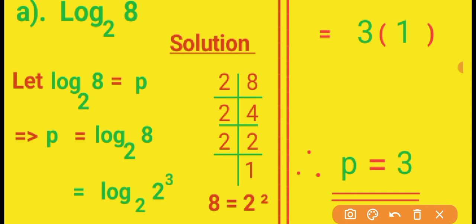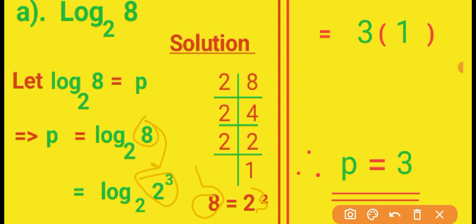So the first one we divide by 2, next one by 2, next one by 2, then we get 1. So which means 8 is the same as 2 to power 1, 2, 3. So this power is supposed to be 3. So instead of writing 8 in our logarithm, we just write the expression which is 2 to power 3.